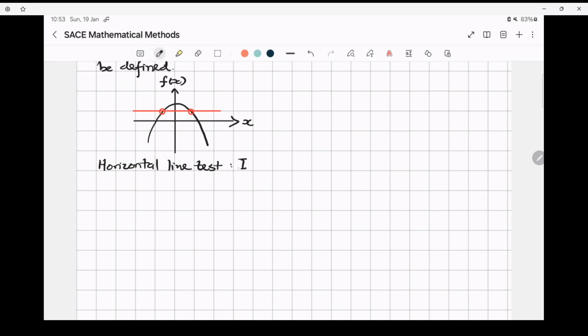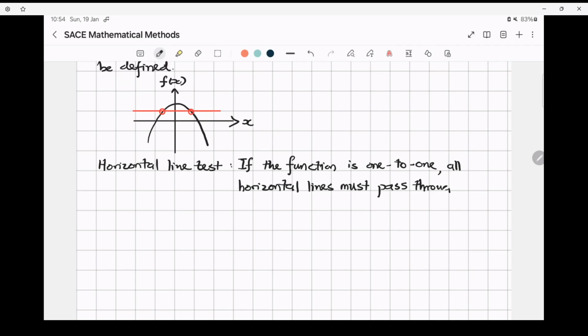So if the function is 1-to-1, all horizontal lines must pass through the function at only one point.